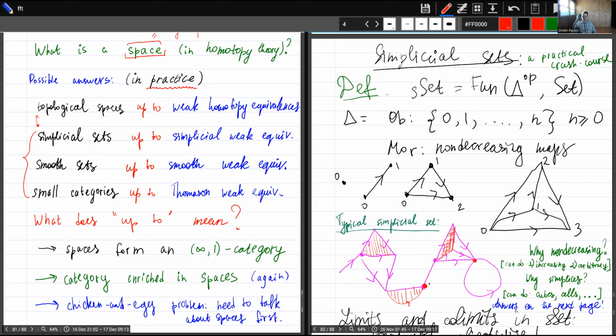This is purely a combinatorial construction in the sense that there is no geometry here. These pictures look geometric, but all you remember is how different simplices stick together. And when I say how they stick together, I mean every pair of simplices will intersect in some other simplex. And that's the only combinatorial data you remember. So you study such pictures by mapping simplices into them.